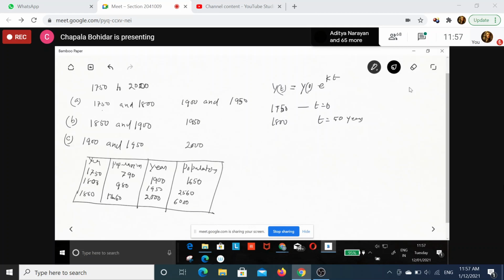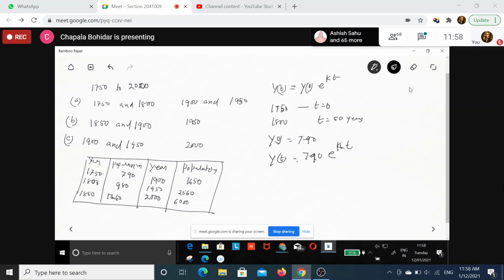So when t is equal to 0, what is the value of y0? It is given 790. Y of 0, yes, it is 790 given. I'm considering this is the initial. So yt we can write down is equal to 790 e to the power kt.